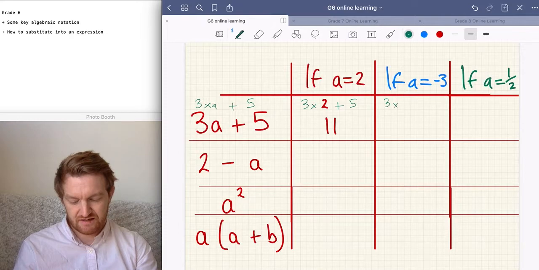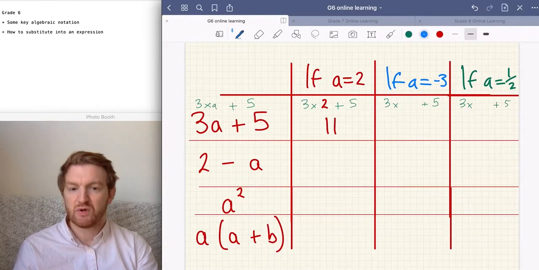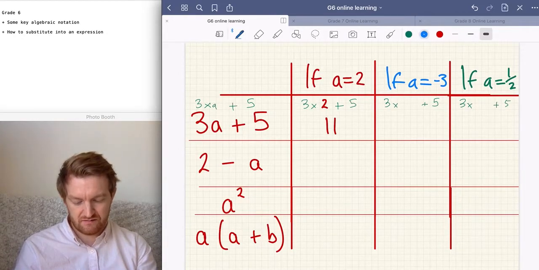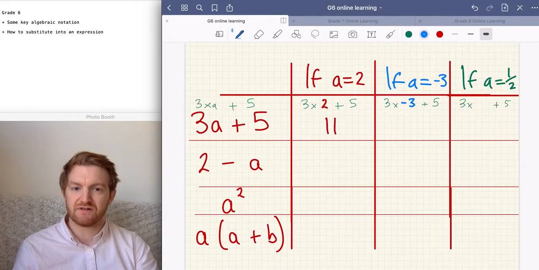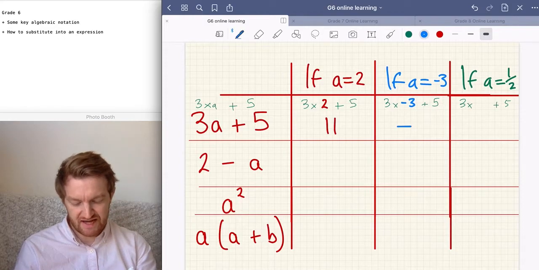We can see that some things don't change. We're always doing 3 times something plus 5. But we can put a different number in for a. What about if it's negative 3? Well, 3 times negative 3 is negative 9, plus 5 is negative 4.